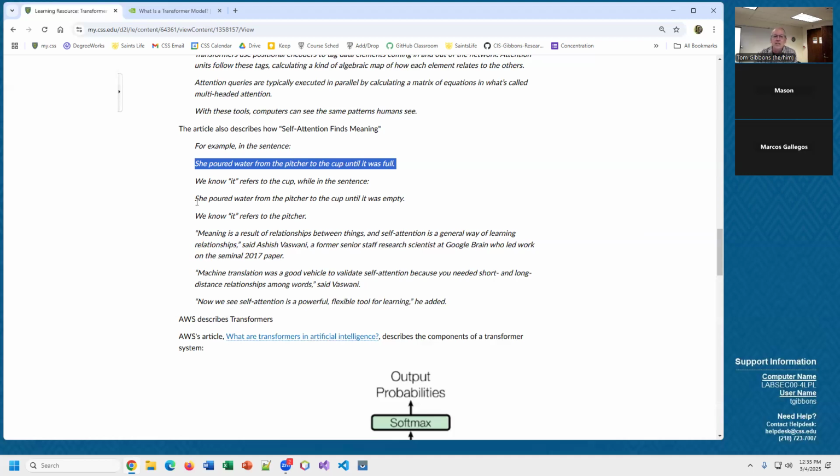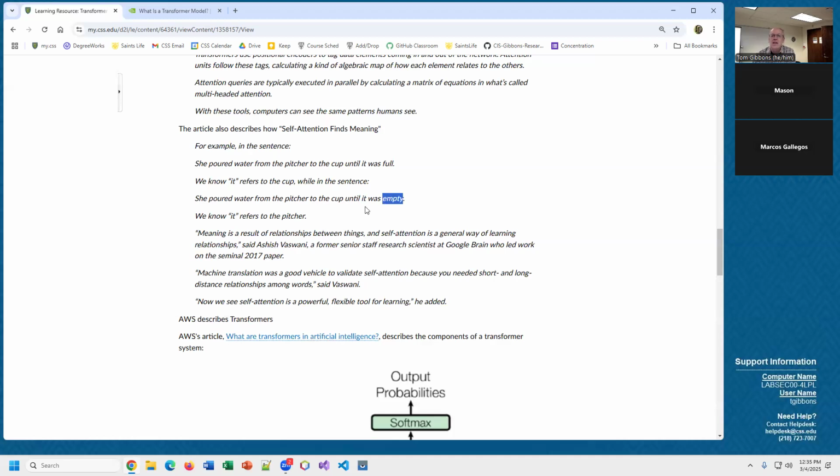But in this sentence, she poured water from the pitcher to the cup until it was empty. Now 'it' corresponds to the pitcher. 'It was empty' means the pitcher, because the water is going from the pitcher to the cup. So again, we want to be looking at this idea of attention and how these words and their meanings all map together.